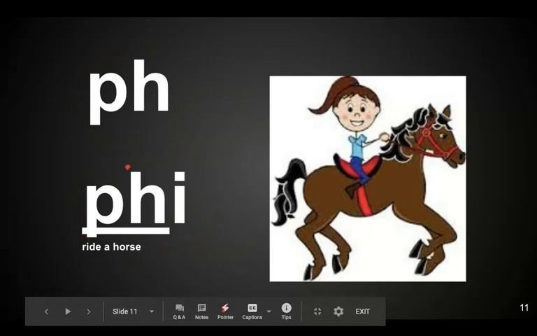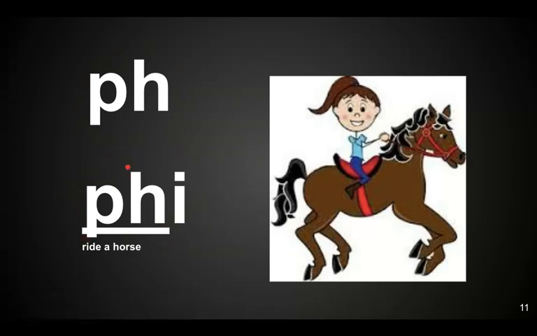Phi means to ride a horse, or it could also mean to fly in some cases, like phi công is a pilot, someone who flies. Not literally, because pilots fly a plane. It's a very formal way of saying fly. Usually we say bay for fly.